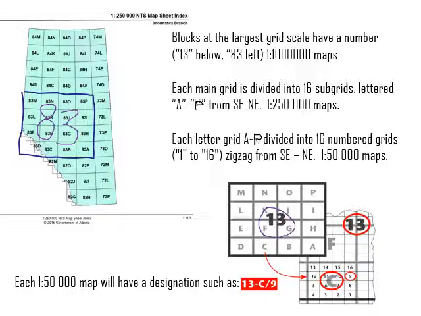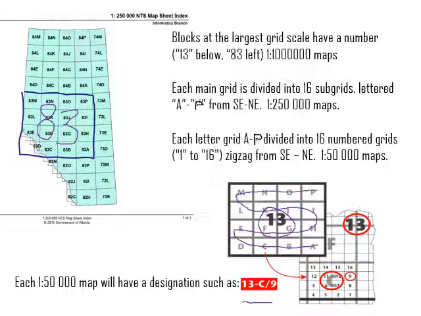That would be the first number in each of the 1 to 250,000 maps. Each 1 to 250,000 map has a number, then a letter, and then a number again. That first number is the same block number as your 1 to 1 million map. Then each of these main grids is divided into 16 subgrids lettered from A to P, from southeast to northeast in a zigzag way, like this.